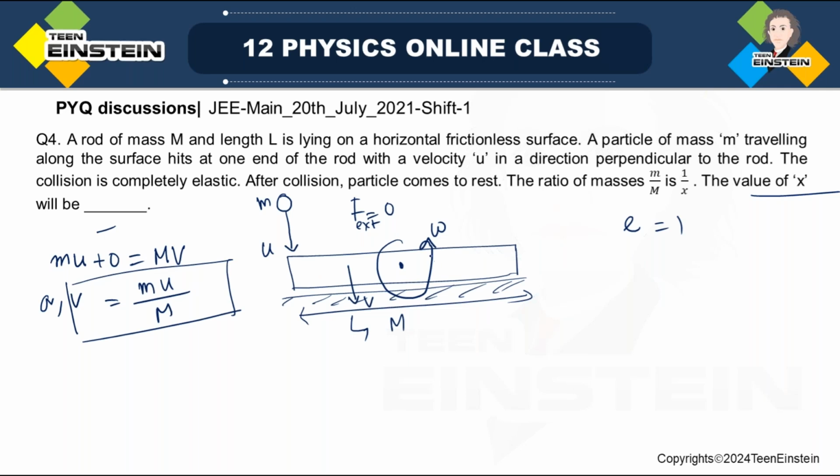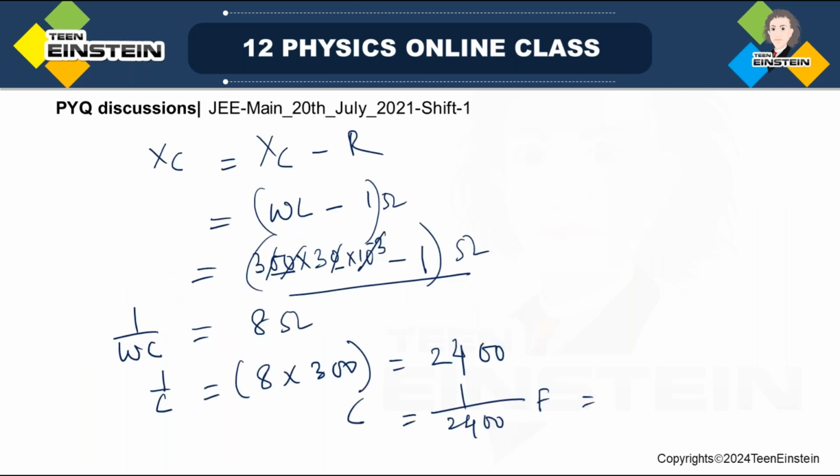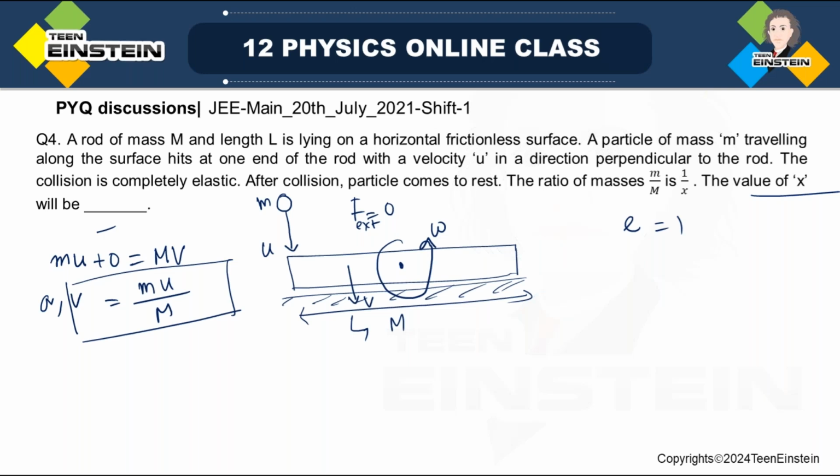Now see, after collision, if I consider there is no external torque, so I can conserve the angular momentum also. So angular momentum conservation means moment of linear momentum. Okay, see, initially the moment was, about this point, the center of mass, this is L by 2, so m u L by 2.